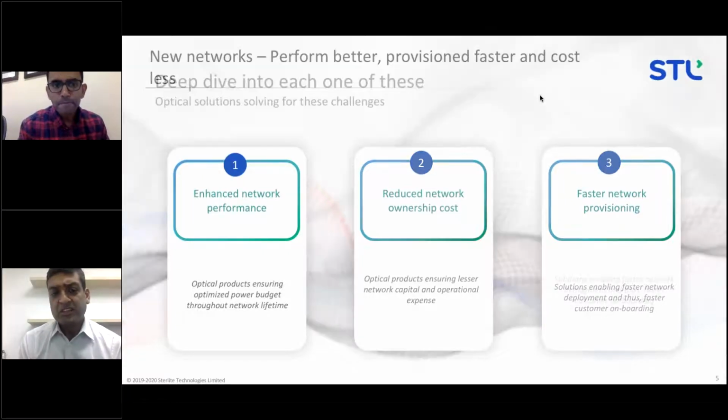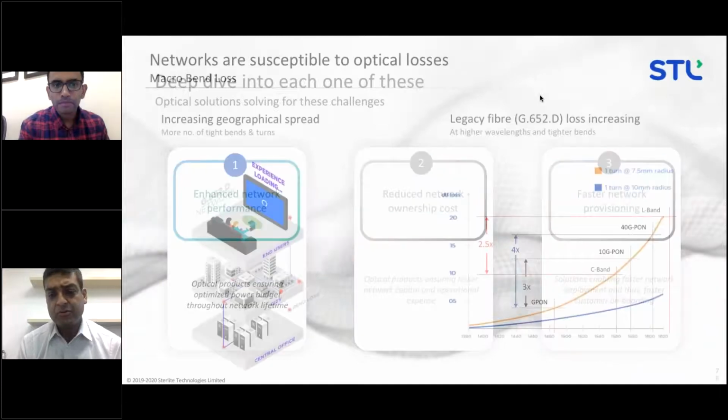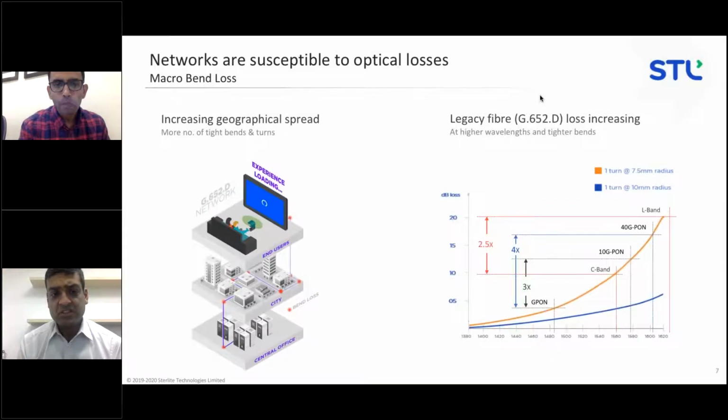Right. So the first thing that we have to address is where losses come from in a network. Now, as we deploy networks, what we see is that when we get further and further towards the last mile, we see an increasing number of bends and turns, and macro bend loss in optical fiber becomes a very critical issue.